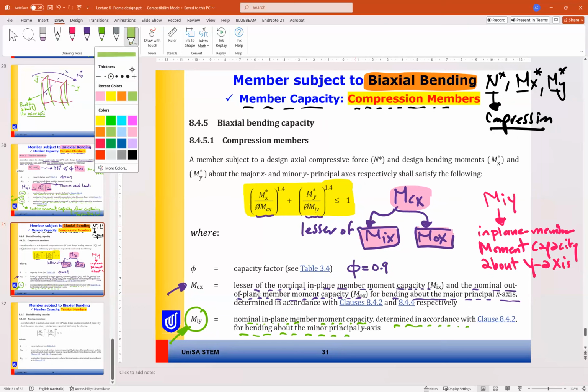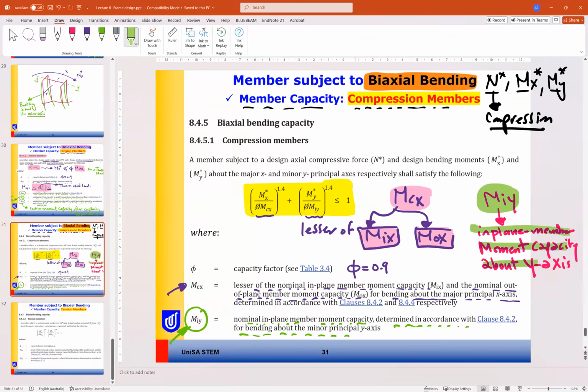So this is our MIY, in plane member moment capacity about y-axis.